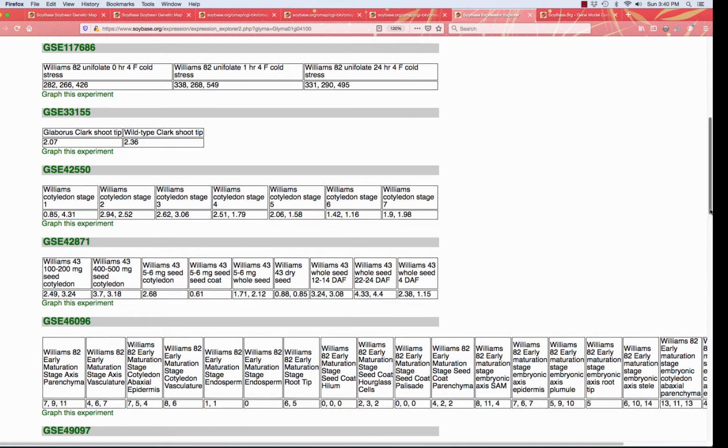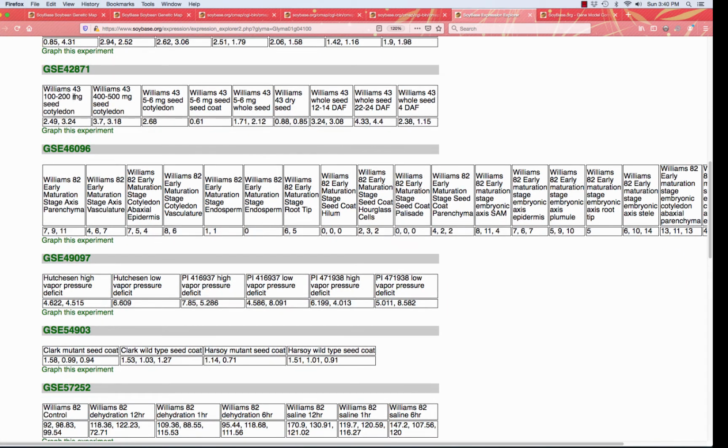We look at the next experiment, which is Williams 43 seeds at different stages of development, all the way up to whole seeds at 22 to 24 days after flowering. And if we peruse the values, we can see that 12 days after flowering, whole seed has a fairly high expression, but also the 400 to 500 milligram seeds have comparatively high expression.